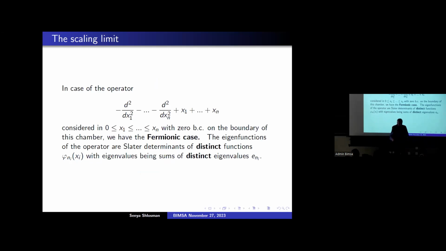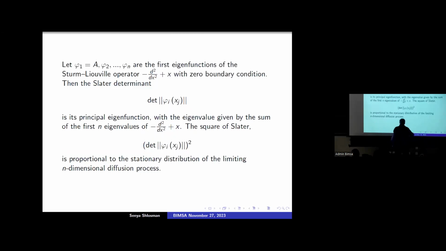And the leading eigenfunction would be if you just take the first n eigenfunctions of this one-dimensional operator, and that's the object you need. So you take the first eigenfunctions of this Sturm-Liouville operator, you make a Slater determinant, and you get an n-dimensional probability distribution with this density.